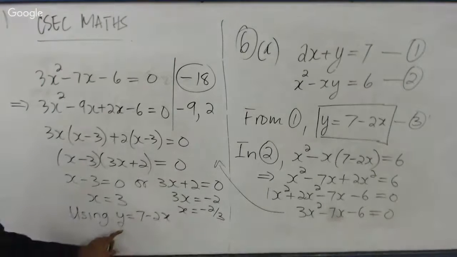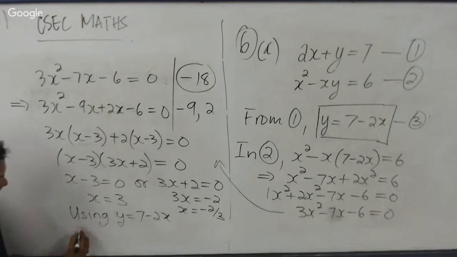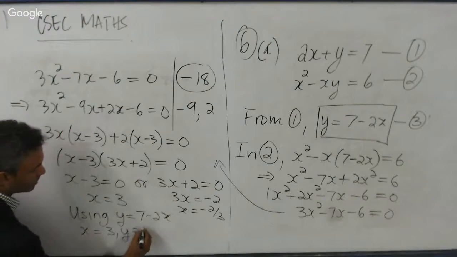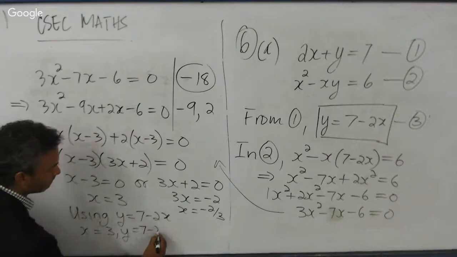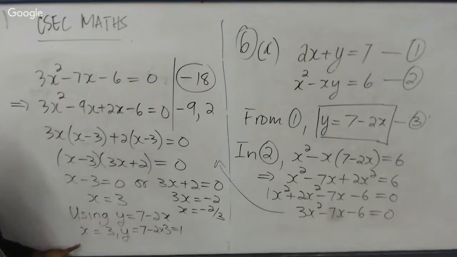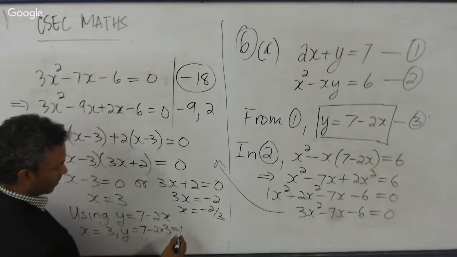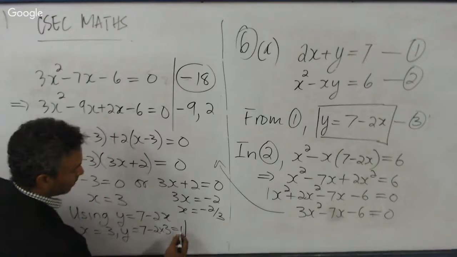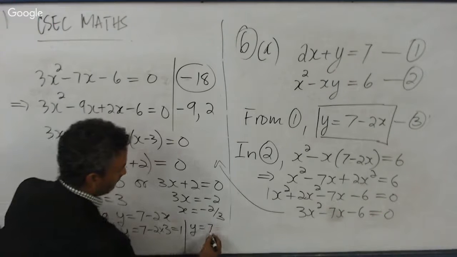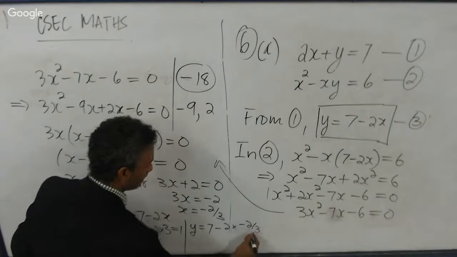So using this, when x equals 3, y equals 7 minus 6, which equals 1. And when x equals minus 2/3, y would be equal to 7 minus 2 times negative 2/3.